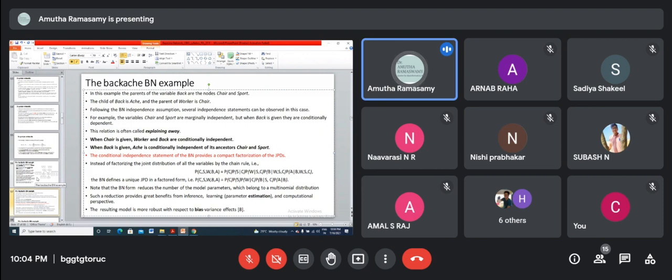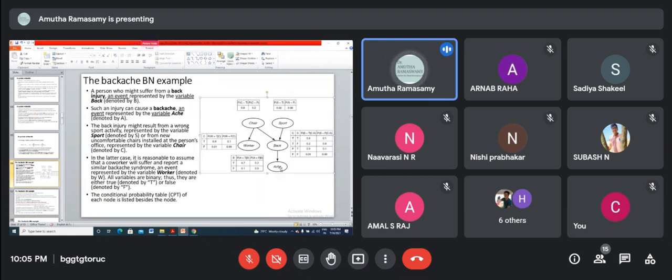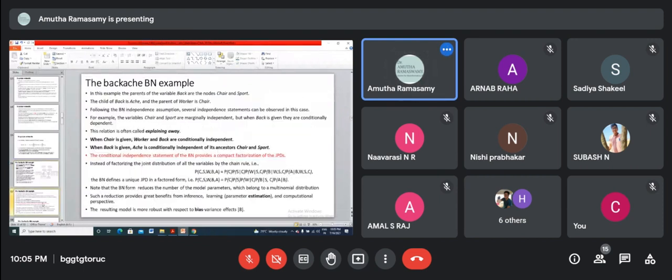So when I consider ache, it is dependent only on back, but ache is independent of chair and sport.